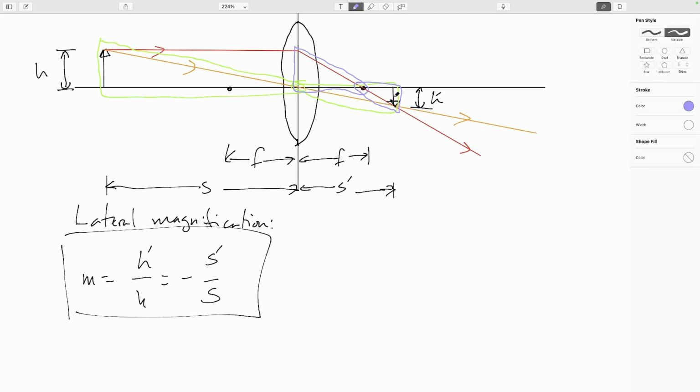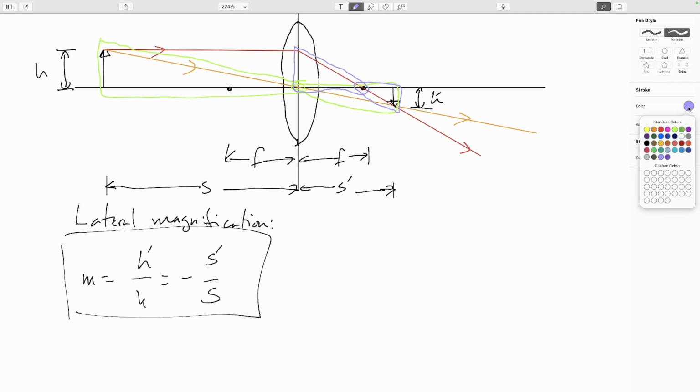Here we have the image, and we have the principal plane here, but the amount of the principal plane here is the height of the object. So it turns out that you can again set up that h prime is to h as minus, then it's this distance right here is to that distance right there.